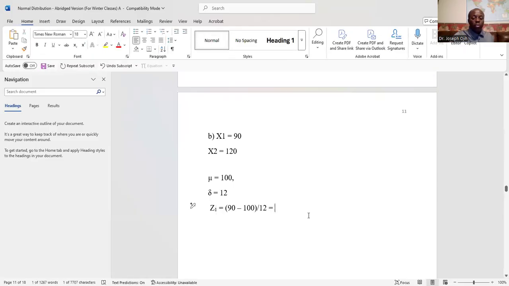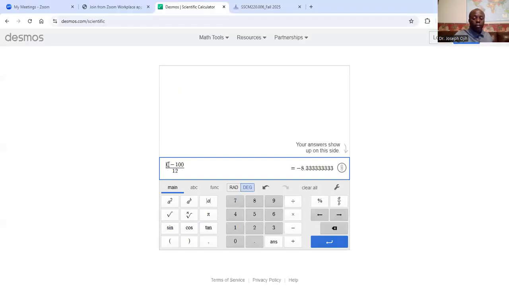There are two Z's now. So I'm just going to go to the formula for my Z1 and change it to 90. That gives negative 0.83.